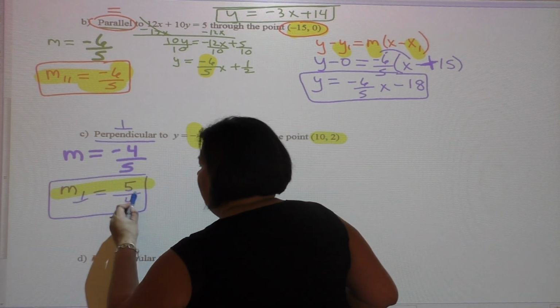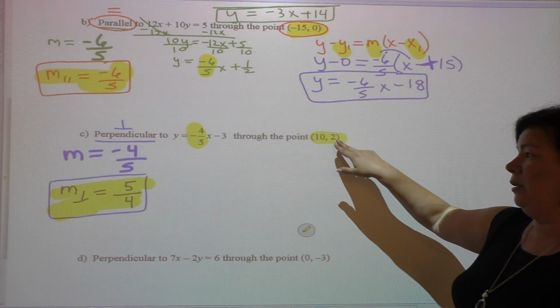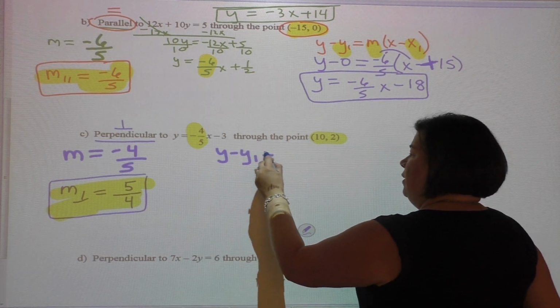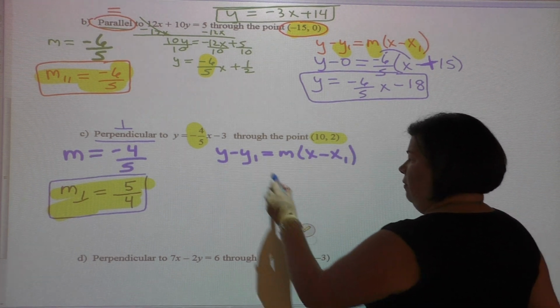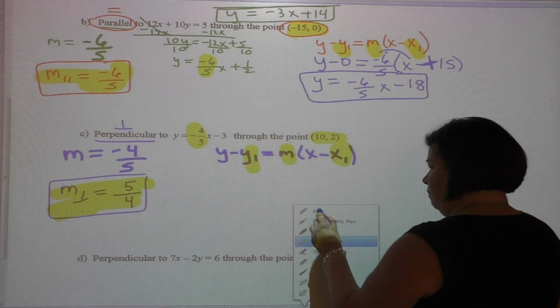So this is the slope we want to use. So I'm highlighting this. We're going to use this slope and this point to write an equation of a line using point slope form. So again, I always want to concentrate on what I'm replacing.